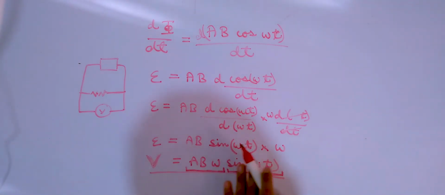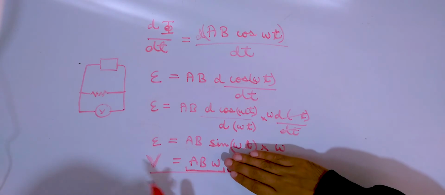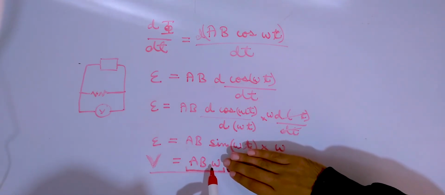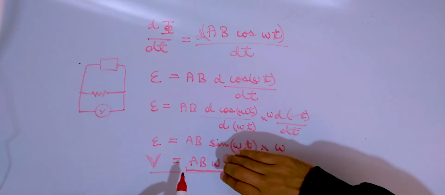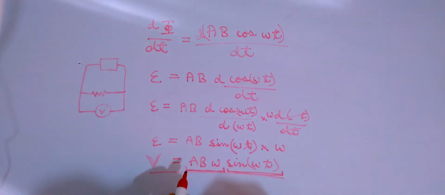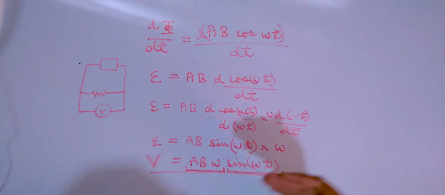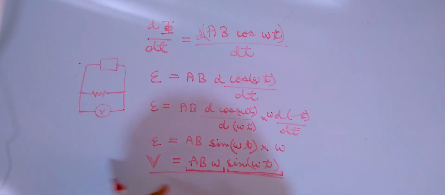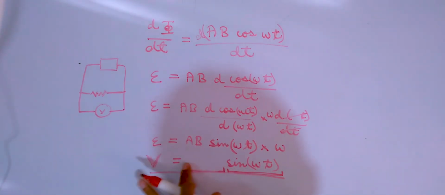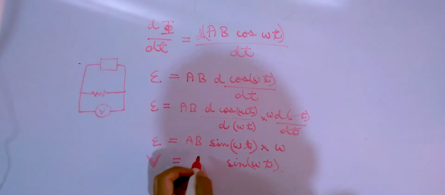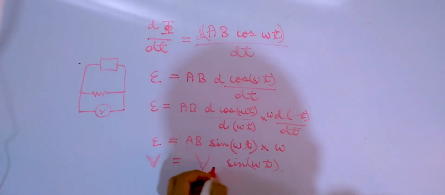So this whole term becomes 1, and AB omega into 1, or simply AB omega, gives us the maximum value of voltage. So this term gives me nothing but the maximum value of voltage that I can get out of this particular generator. So instead of writing AB omega every time, I can simply replace those 3 letters with one constant called Vm.